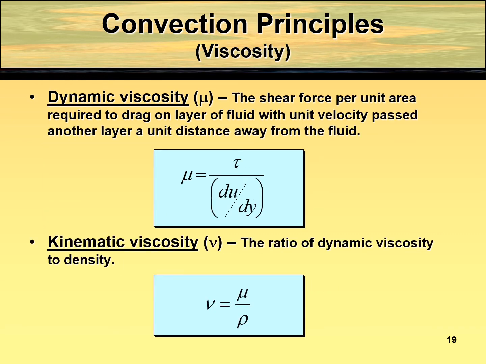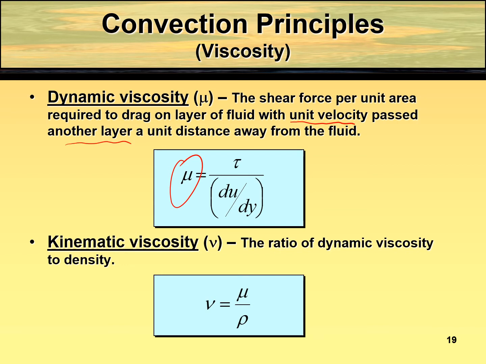So the dynamic viscosity, or mu, is the shear force per unit area required to drag one layer of fluid with unit velocity past another layer.